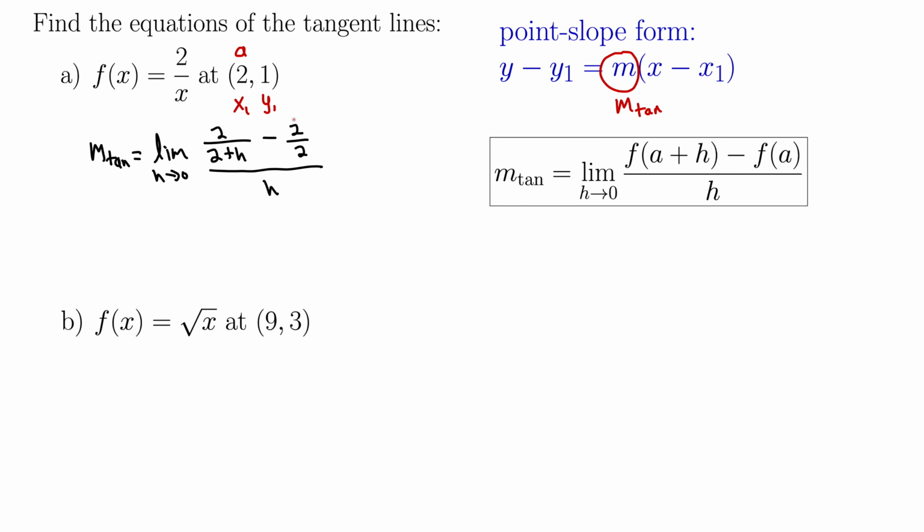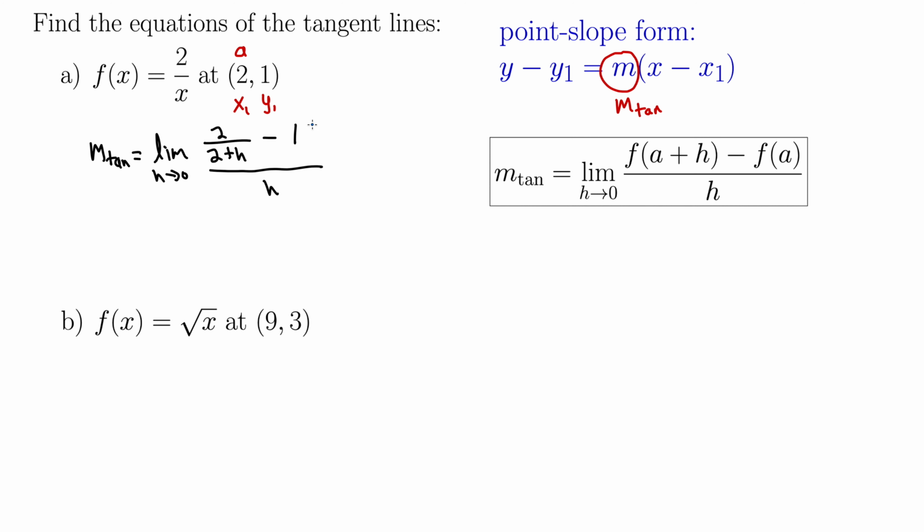And our goal with this kind of exercise is always to get rid of this h in the denominator because we're letting h go to 0, and we don't want 0 down in the denominator. So we want this h to cancel out. Alright, well, note that 2 over 2 is 1, so I'm going to replace this 2 over 2 with 1 right off the bat. Now we have this 2 plus h down in the denominator, so let's do a common denominator up top of 2 plus h.